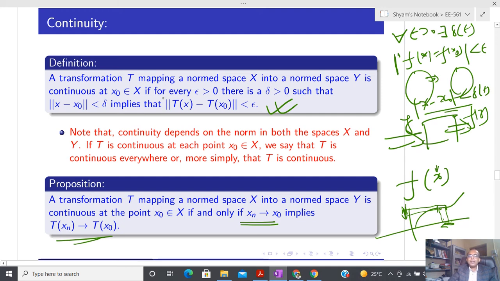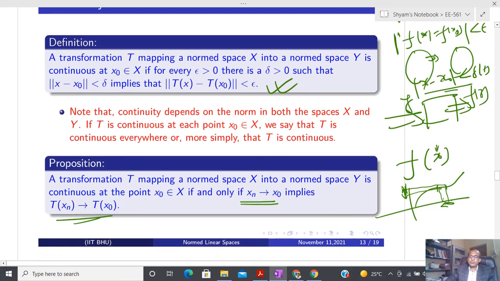I am talking about continuity at one point, but if you are able to check it in the whole space and this condition is satisfied, then we say that T is continuous. In that way we are defining it. And continuity is very much related to stability. In the next class I will tell you about that story.